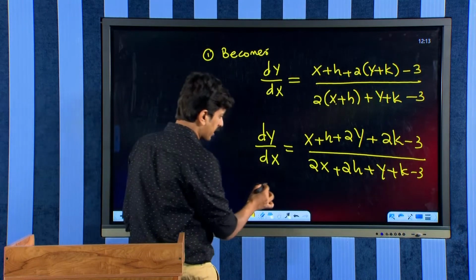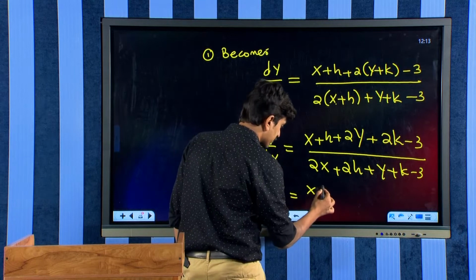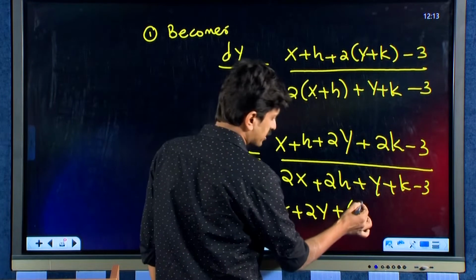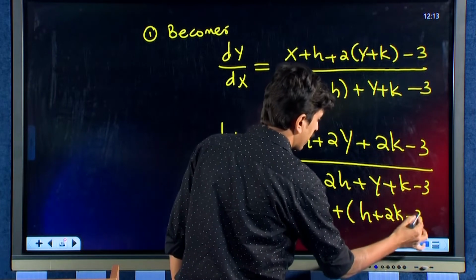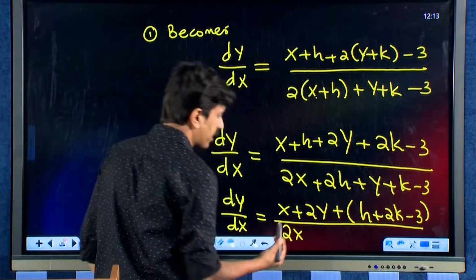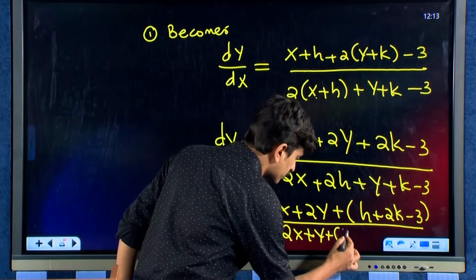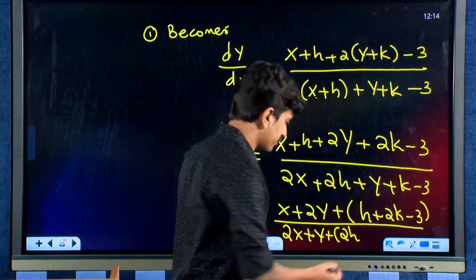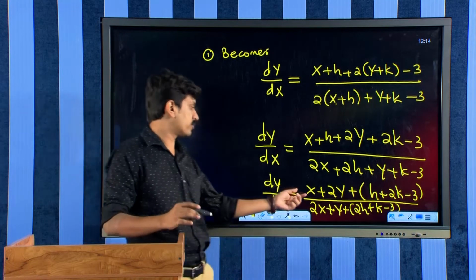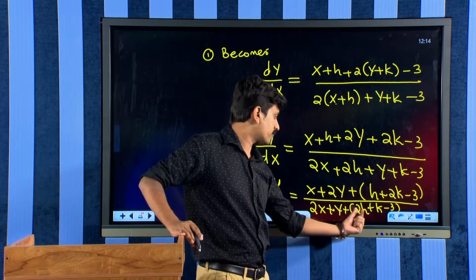Therefore, we can rewrite this as dY by dX equals (X plus 2Y plus h plus 2k minus 3) divided by (2X plus Y plus 2h plus k minus 3).